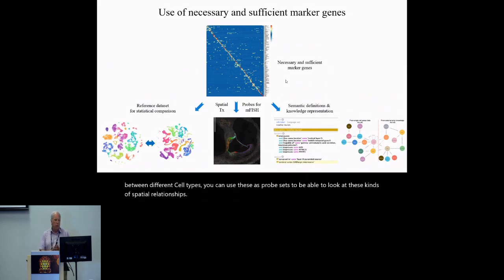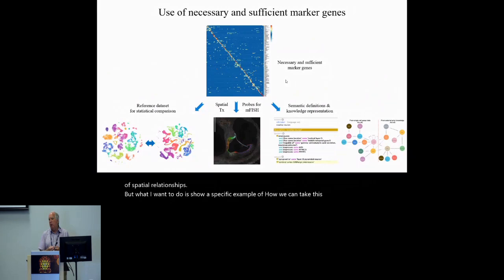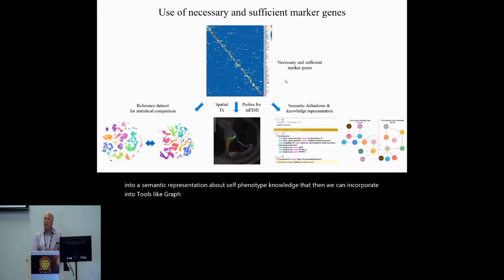But what I want to do is show a specific example of how we can take this data and translate it into a semantic representation about cell phenotype knowledge that we can then incorporate into tools like graph databases and those kinds of representations for exploring the knowledge derived from processing these data.